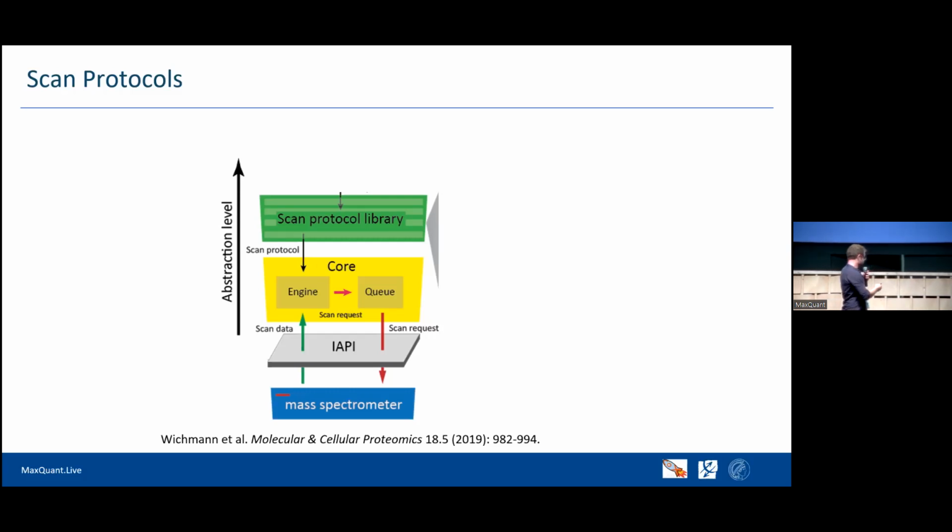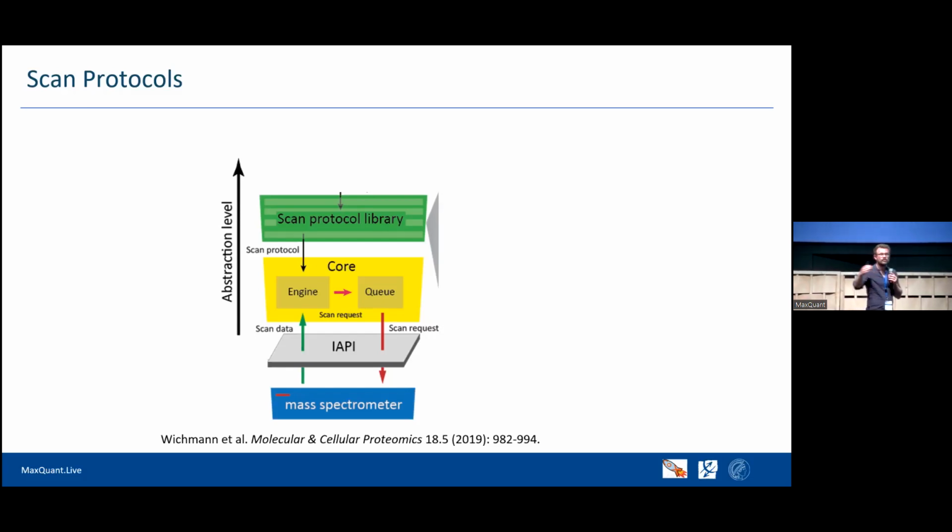This is this layer, and on top of that, we have a core engine which always takes these scans and has an engine which crunches these incoming data and makes some decisions which go to a queue.